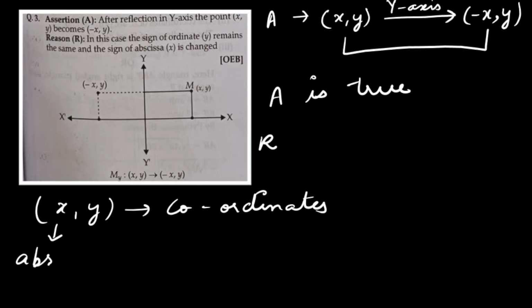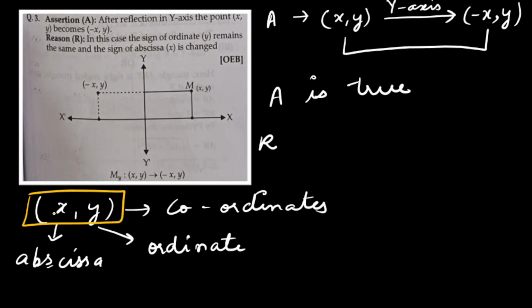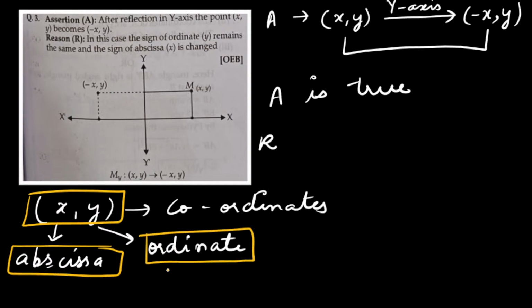This is the name of the x coordinate. X is abscissa and y is known as ordinate. This you should know because sometimes they might use this terminology also.